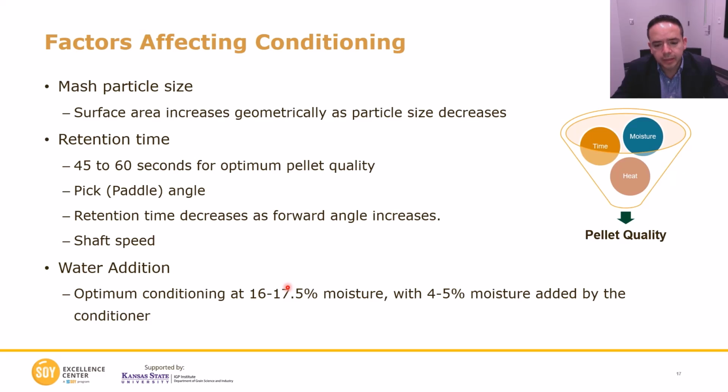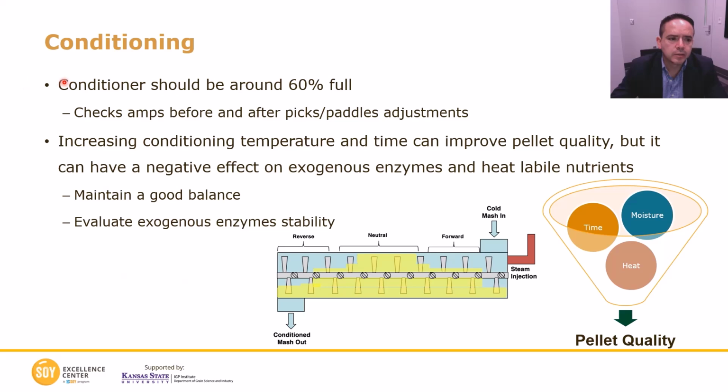If the dies are thicker, then they are going to accept less moisture compared to thinner dies. And you want to add around 4% moisture in the conditioner. And remember that conditioners should be around 60% full, and this is what you can see in this picture.